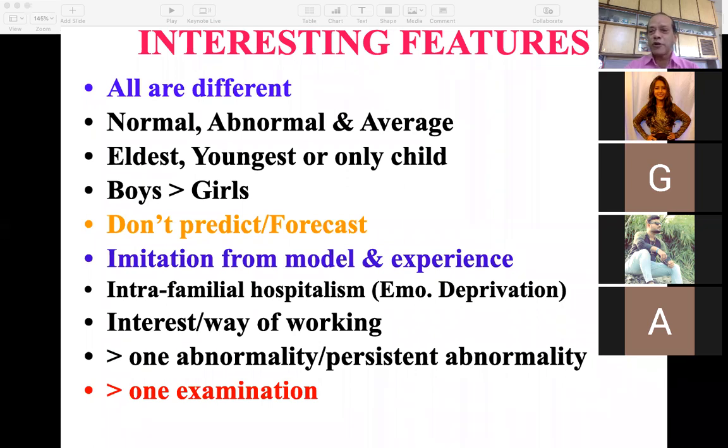So a single abnormality, unless it is very obvious, like microcephaly or hydrocephalus, where it's already known that this abnormality is going to persist, because of the hydrocephalus the brain damage has already occurred. A single abnormality, if it is very obvious, like the sealed limbs we have discussed, or if there are fewer fingers, the finger is not going to develop after birth.